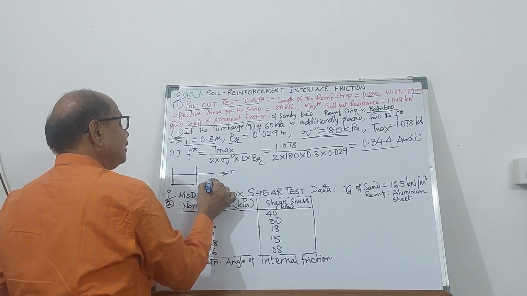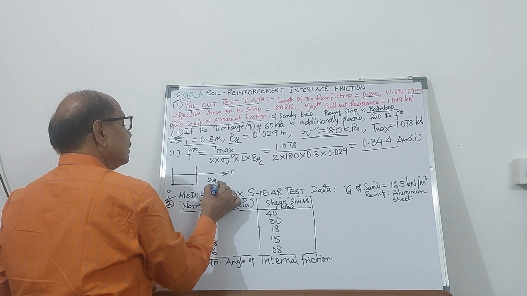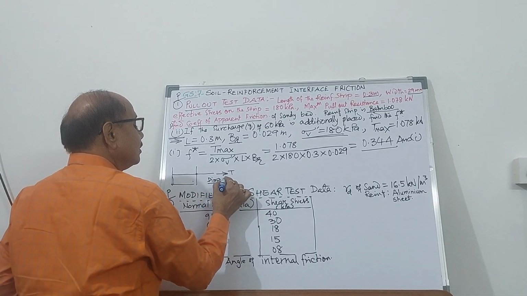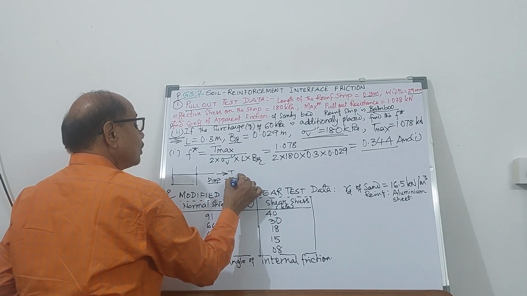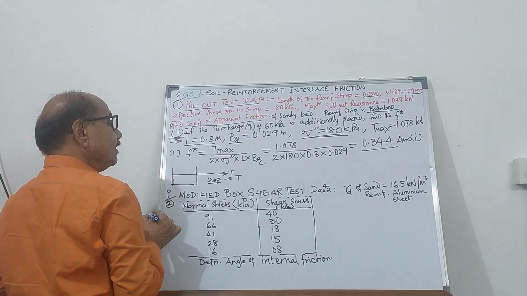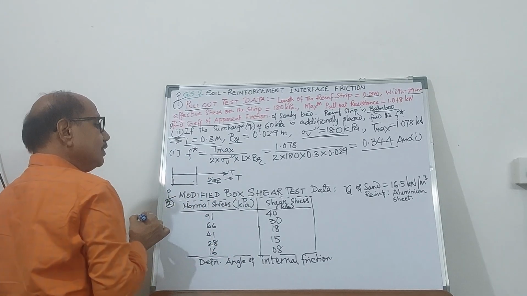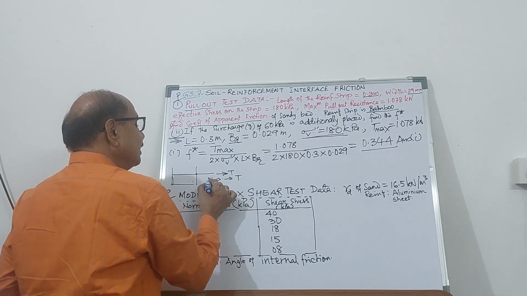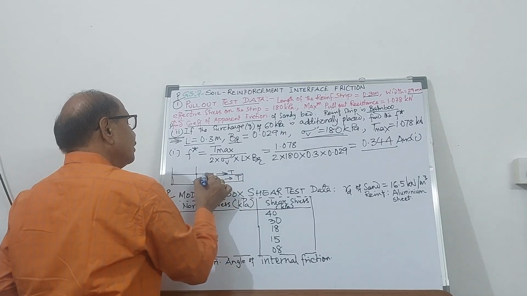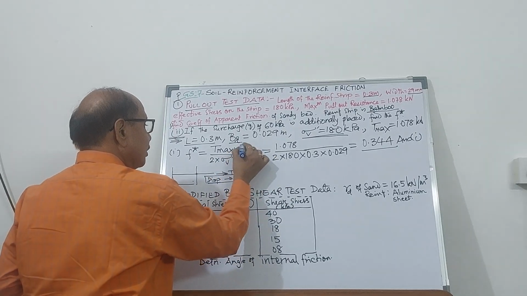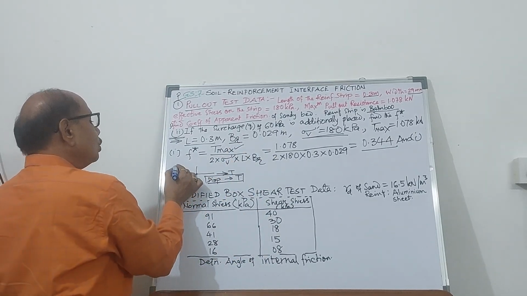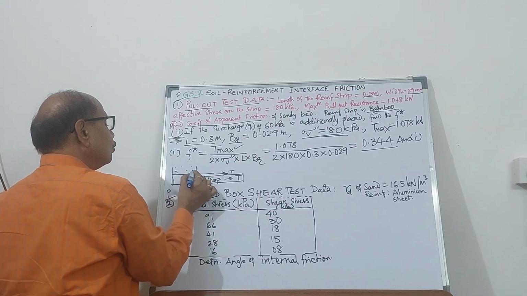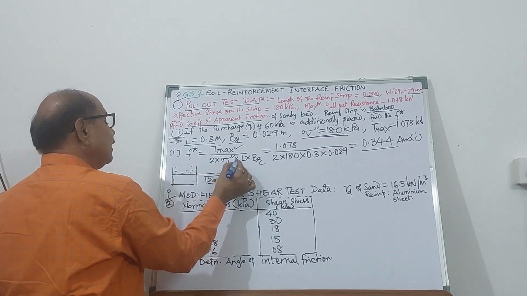You record the pull-out force T for certain given displacements, and from displacement versus T data, you can find T maximum.